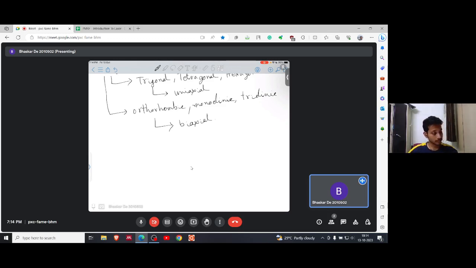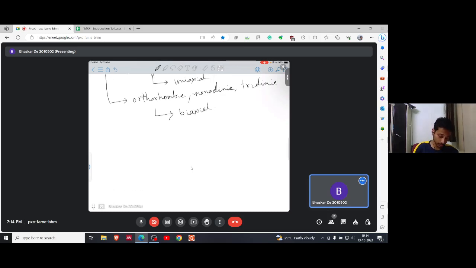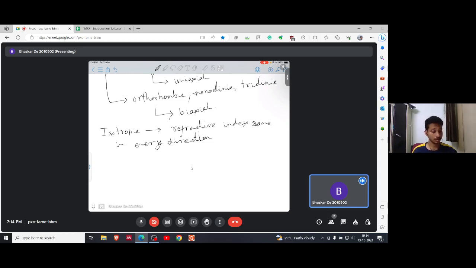In an isotropic crystal, the index of refraction of the material is the same in every direction. So the velocity of a beam passing through the material is also same in every direction, but in anisotropic the refractive index is not same.